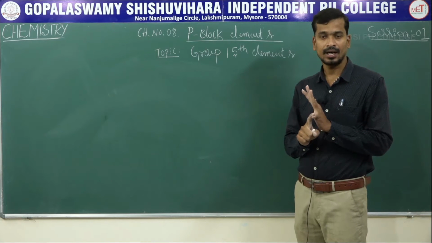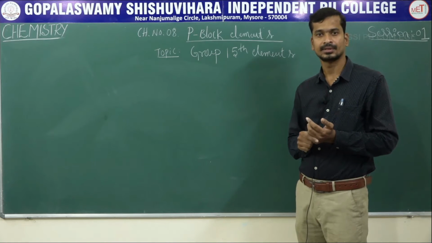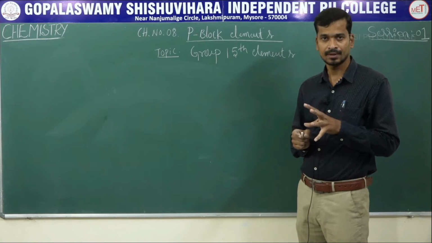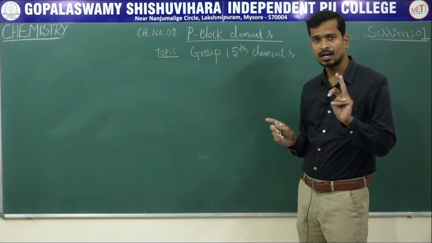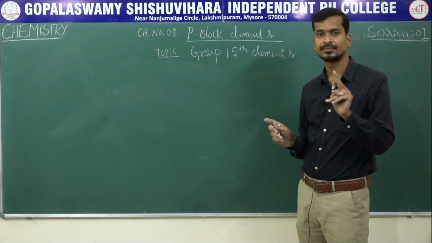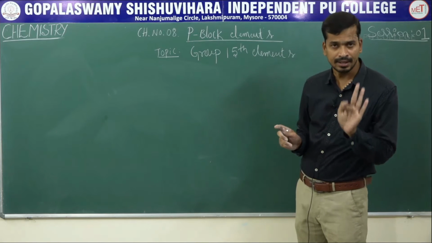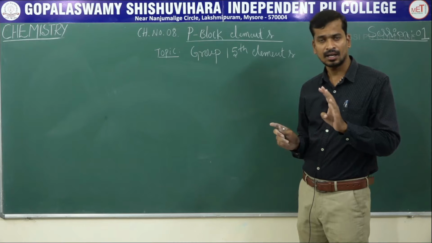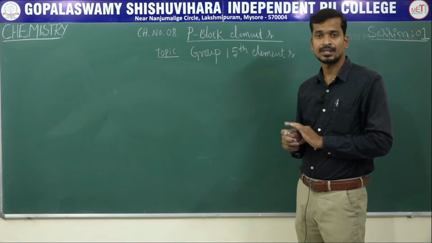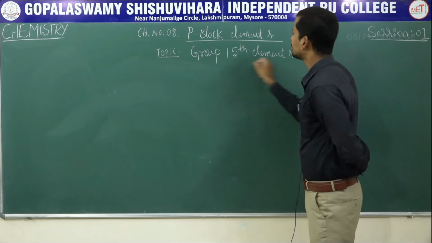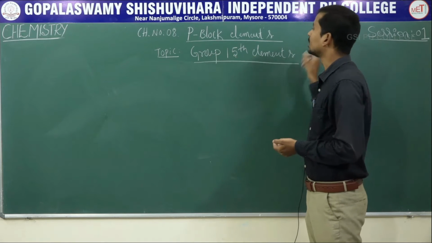Atomic radii and ionic radii, electronegativity, ionization enthalpy and electron affinity. You must know these concepts. These are the important concepts repeated in the entire P block chapter from group 15 to group 18th elements.